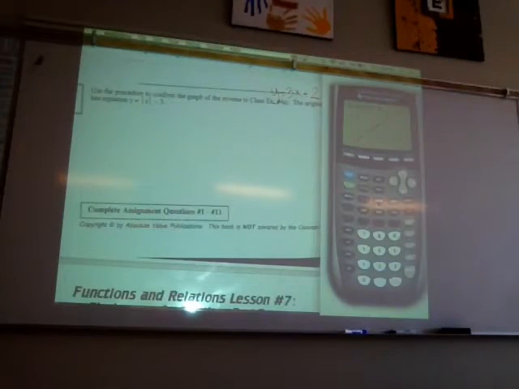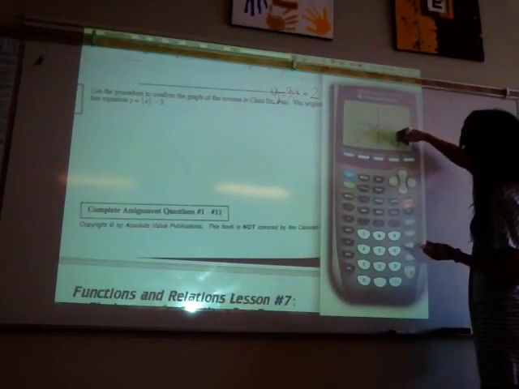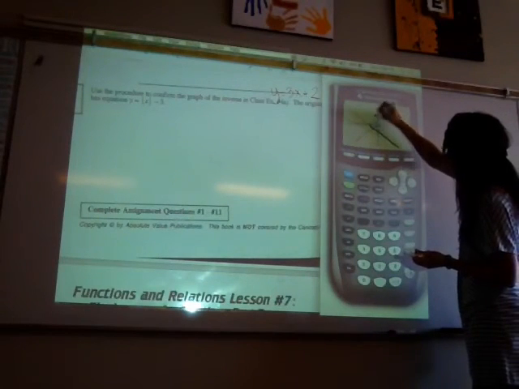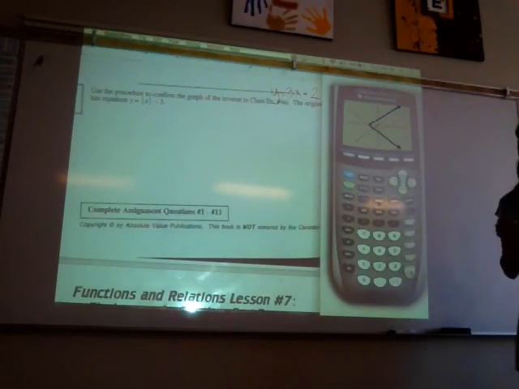Then we're going to press vars, over to y vars, number 1 for function, number 1 for y1, and then enter again. And you just have to watch it as it loads. That was my mirror line, and this is the inverse function.